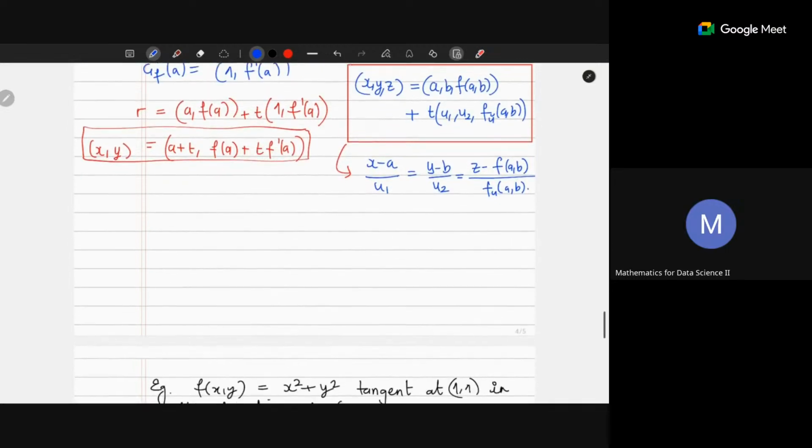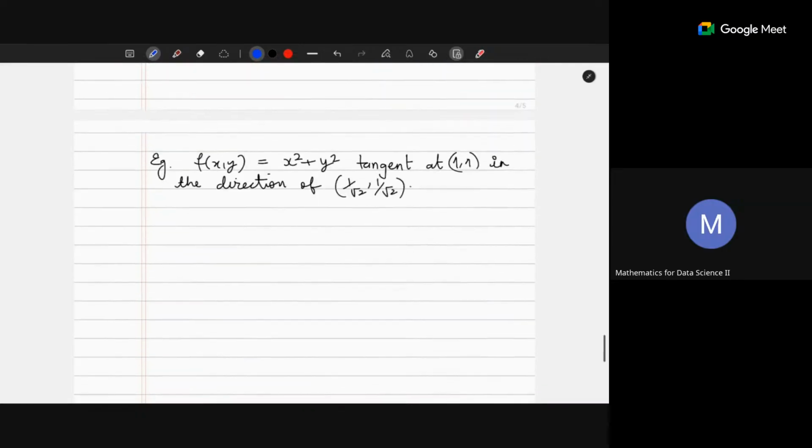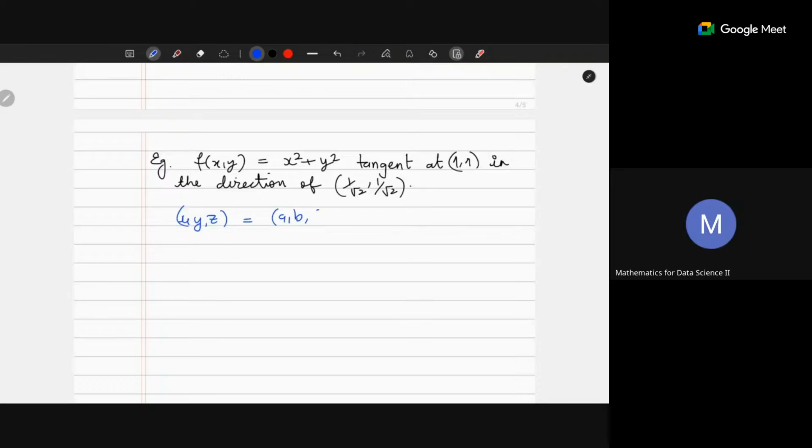It will be easier. So the line equation is (x, y, z) equal to (a, b, f(a, b)) plus t times (u1, u2, f_u(a, b)).